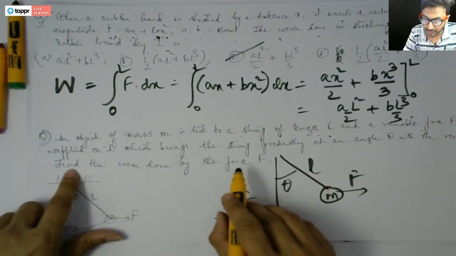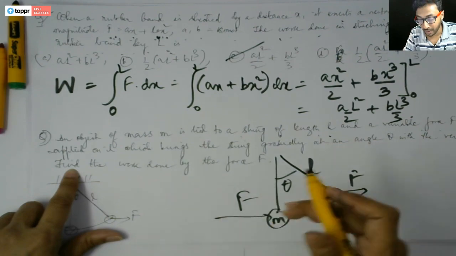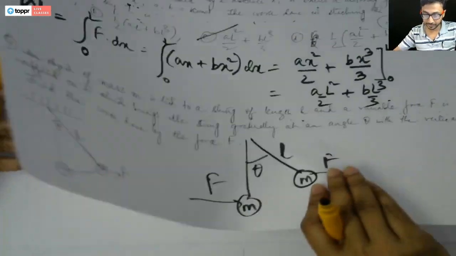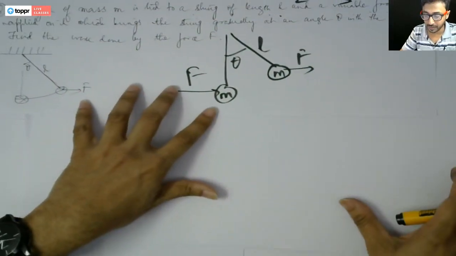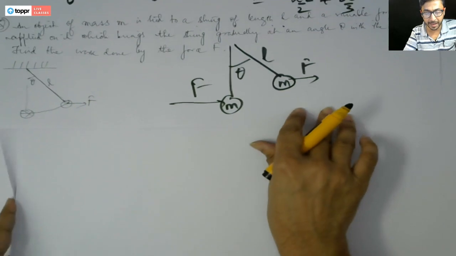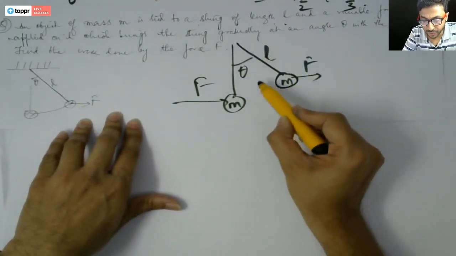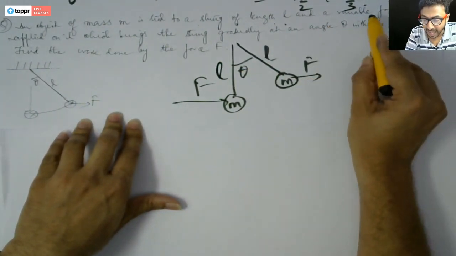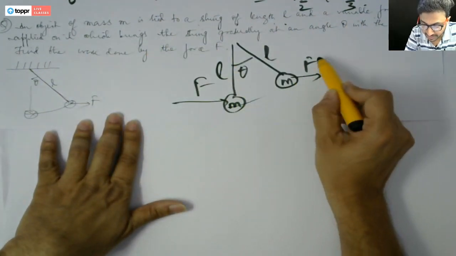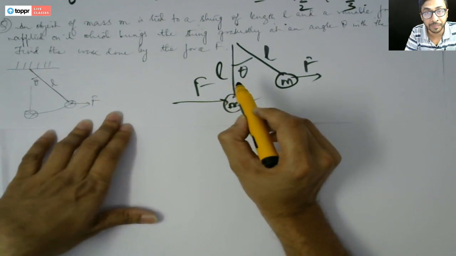Find the work done by the force. Now, this is a good question. Let us try to analyze this. I'm keeping the question here so that you can also see.